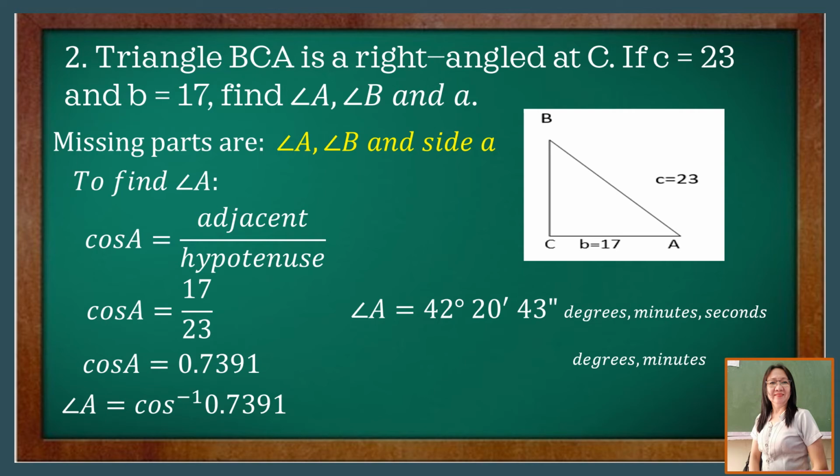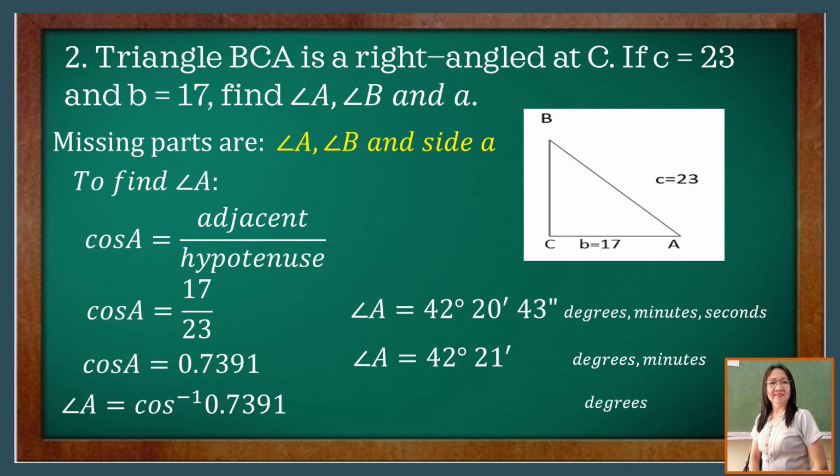If that is more than 30 seconds, you are going to add 1 to our minute. So since 43 is more than 30, let us add 1 to 20. So that becomes 42 degrees and 21 minutes. Or in some cases, the required is just the degrees.